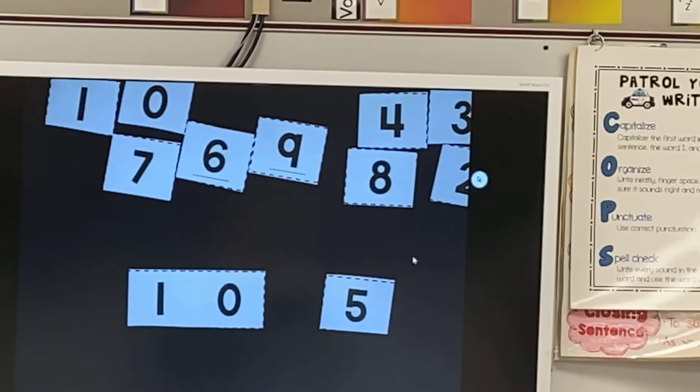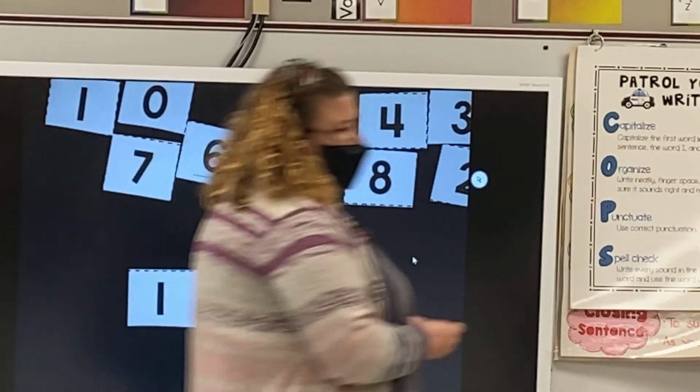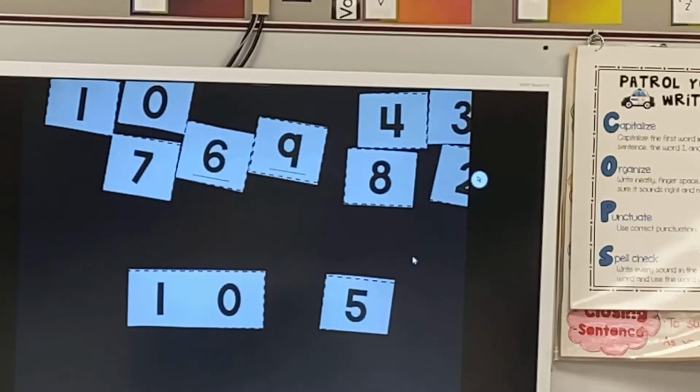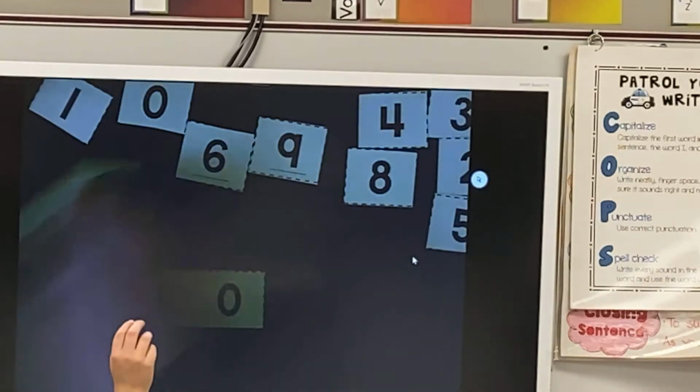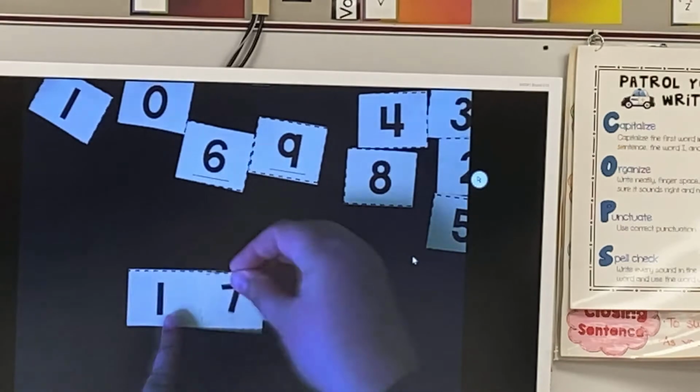17 has 7 digits. Not 7 digits. 7 ones. What can you tell me about 17, Jontez? It has 2 digits. Molly, what are the 2 digits in 17? 1 and 7.